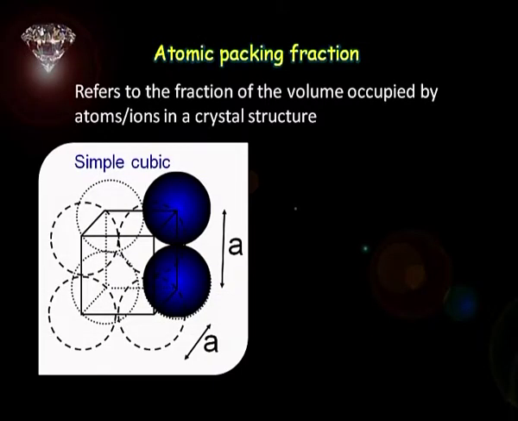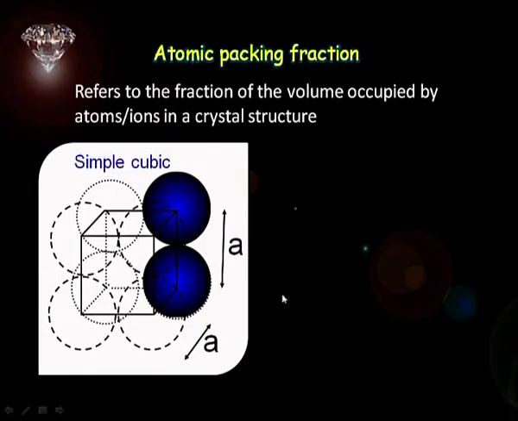The atomic packing fraction basically refers to the fraction of volume occupied by the atoms or the ions in a crystal structure. What it means is, if I have a cubic unit cell, out of that whole cell volume, what fraction is occupied by the atoms or the molecules or the ions in the unit cell.